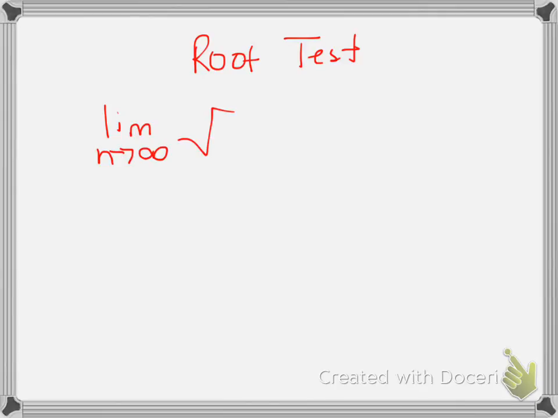Alright, lastly, I want to show you the root test. Same conditions sort of apply as the ratio test, except you take the root of it instead of the ratio. So you take the nth root of a to the n. If it's less than 1, it converges.